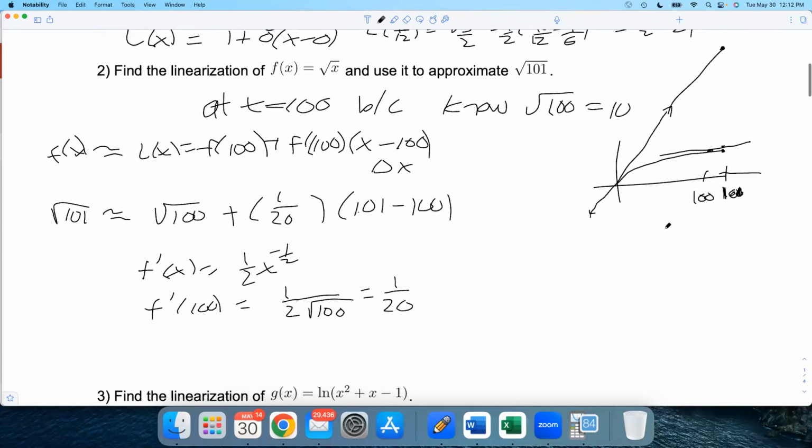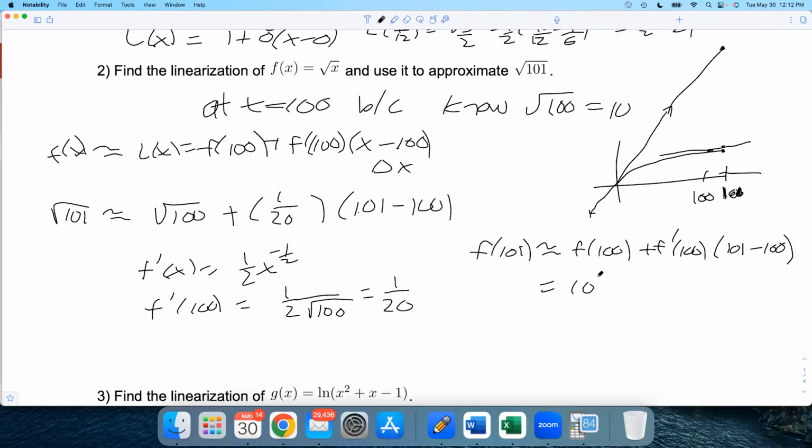Okay, I'm going to write that again. So f at 101, square root of 101, is approximately equal to f at 100 plus the derivative at 100 times the one I'm looking for minus 100.